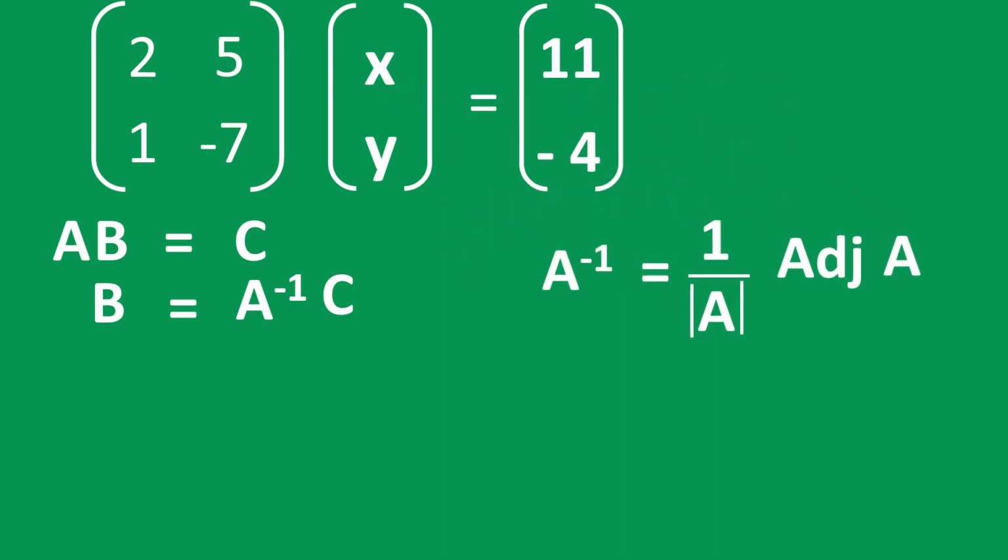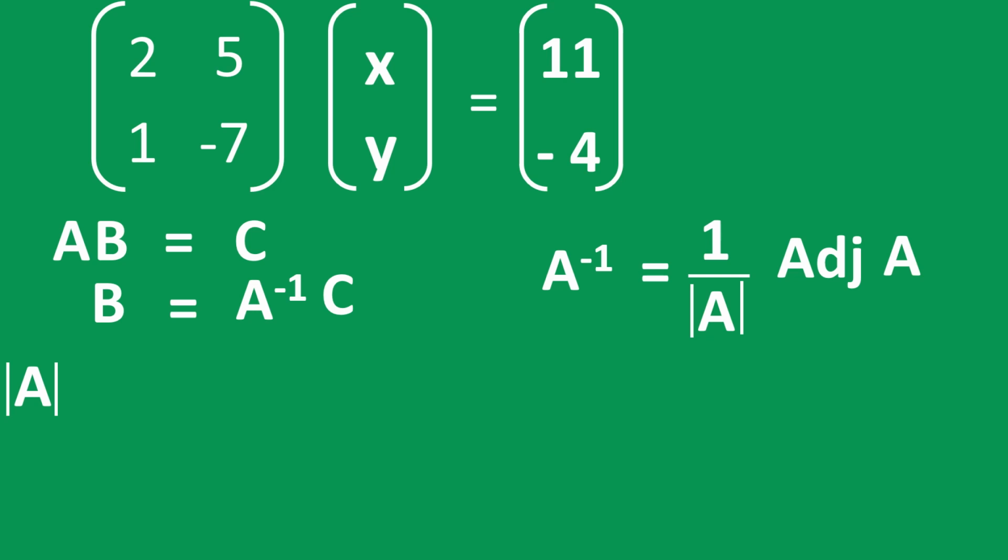The inverse of A is equal to 1 over the determinant of A times the adjoint of A. What is the determinant of A? If you look above, you look at the matrix that has the coefficients 2, 5, 1, and minus 7.